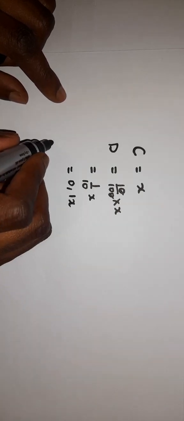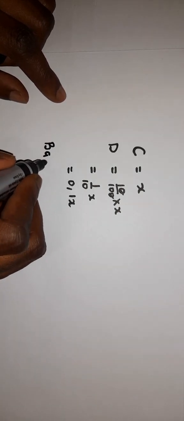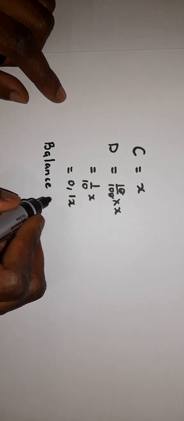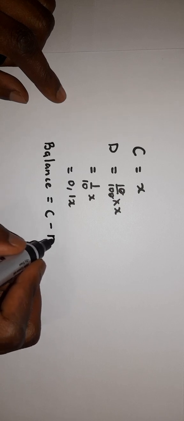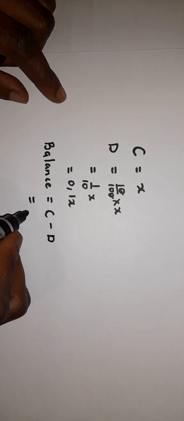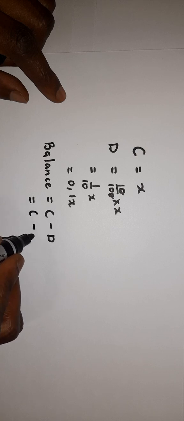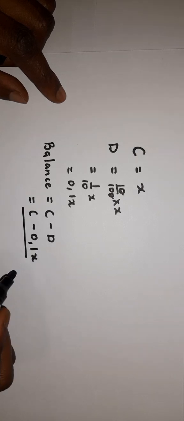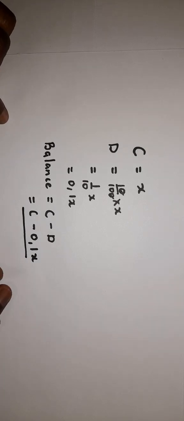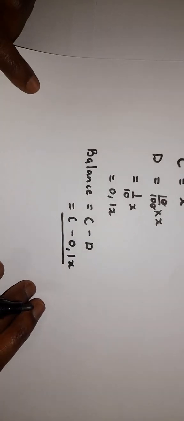You take your cost price and subtract your deposit, so you have X minus 0.1X. This value is the one we'll use to calculate our simple interest.